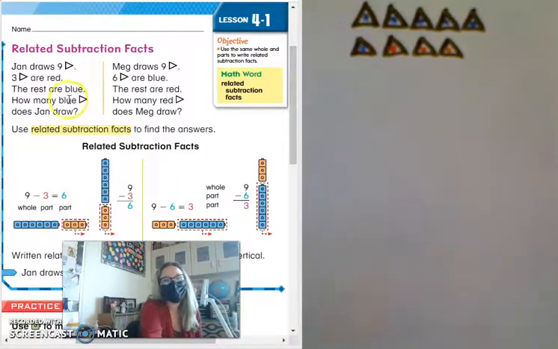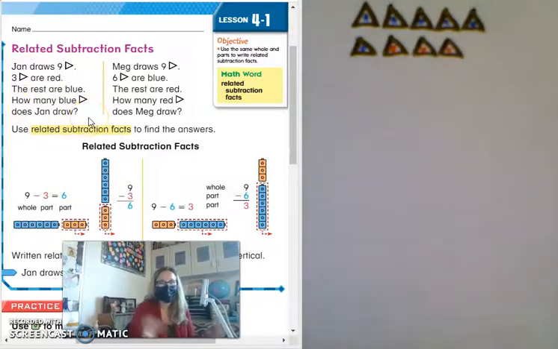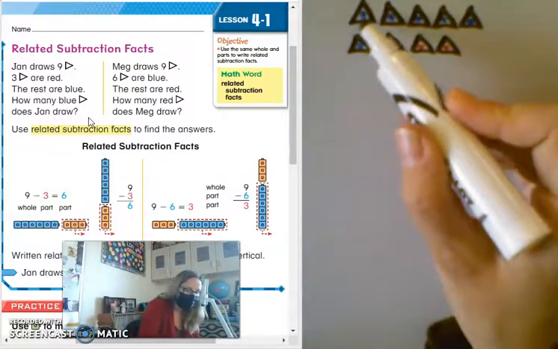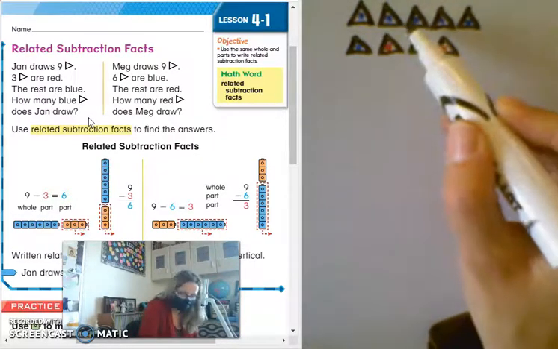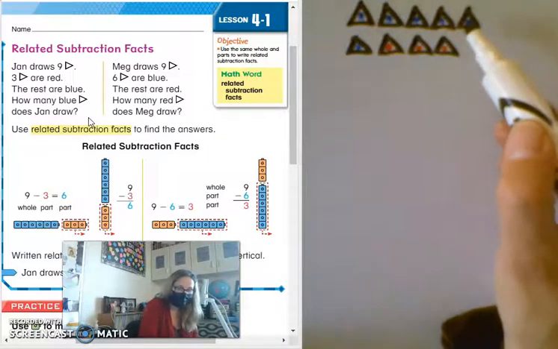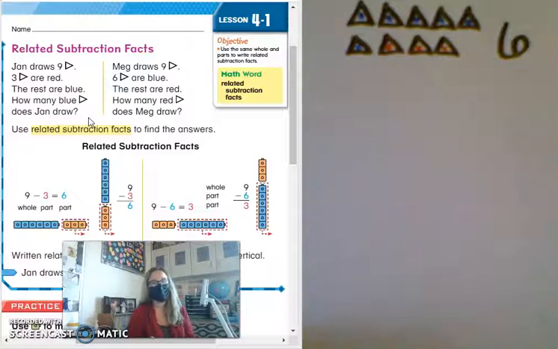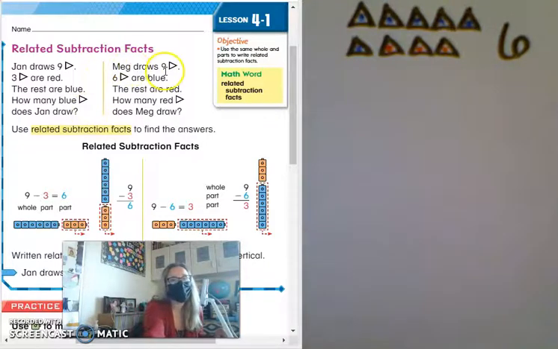And then it says, how many blue triangles does Jan draw? Well, let's count together the blue triangles. Here we go. 1, 2, 3, 4, 5, 6. So she colors 6 blue triangles. Okay? Now, the next one says Meg draws 9 triangles. Okay, so here I go.